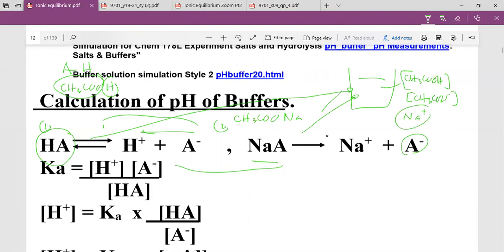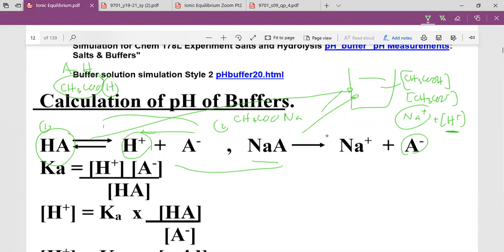And of course, you got some H plus, which came from here. That's why the pH normally is not very low, but about 4 point something, 5, whatever, because of the weak acid here.